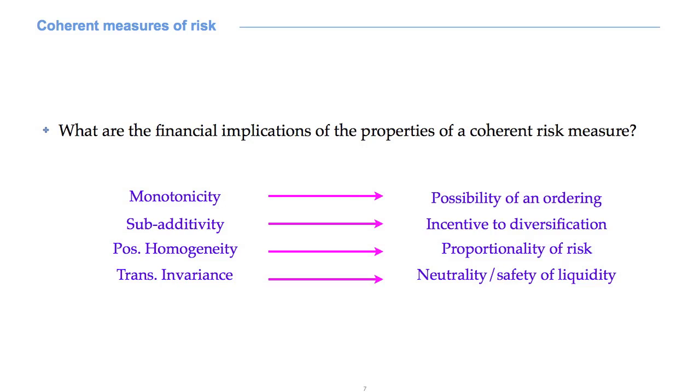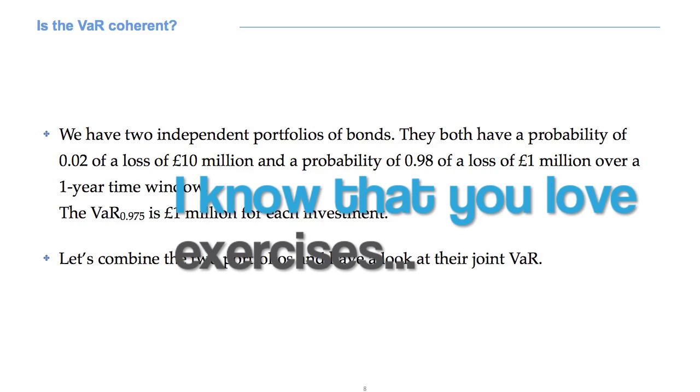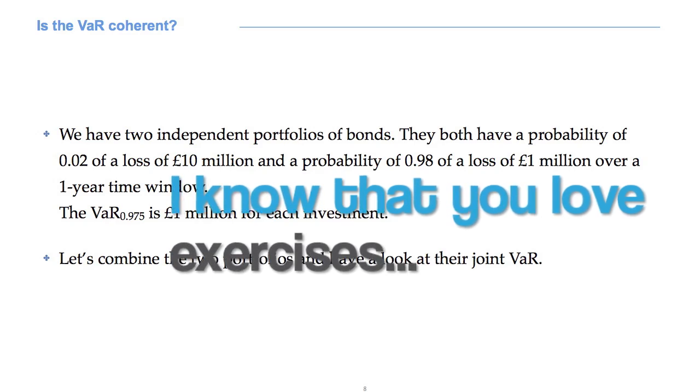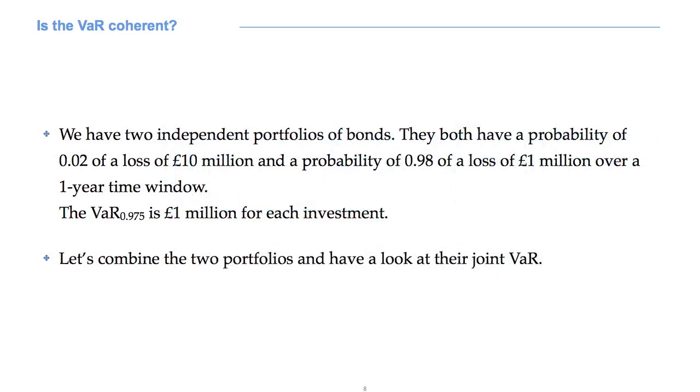Now, the overall risk of our portfolio decreases, since it already contains some liquidity that can be used to hedge risk. Let's now consider an exercise to show that, unfortunately, the value at risk is not always coherent. In particular, we show that the VaR is not generally subadditive, hence it appears to be against diversification.